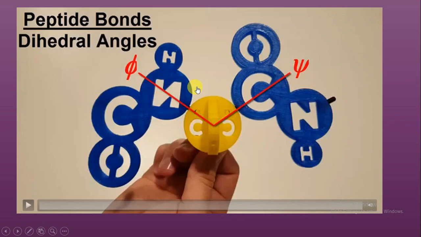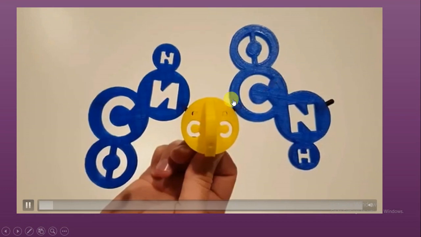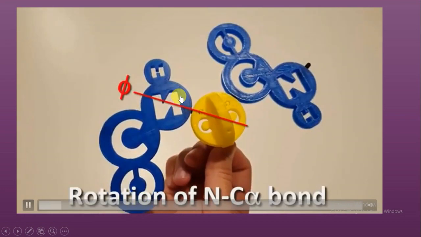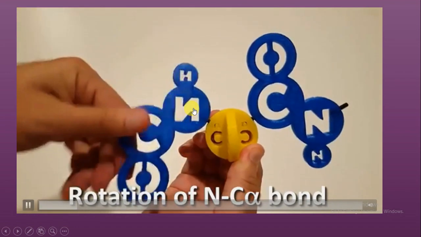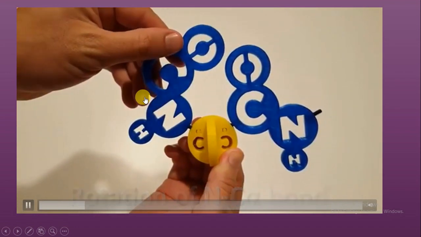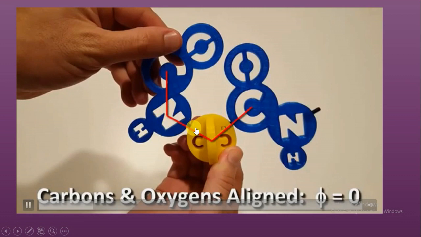Things will be more clear if we watch this small animation. Here you can see that this carbon is the alpha carbon, this is the carbonyl carbon, this is nitrogen, and the bond between this alpha carbon and this nitrogen is called our phi bond.